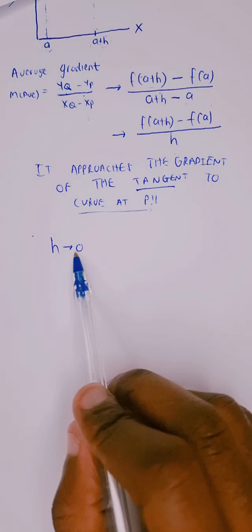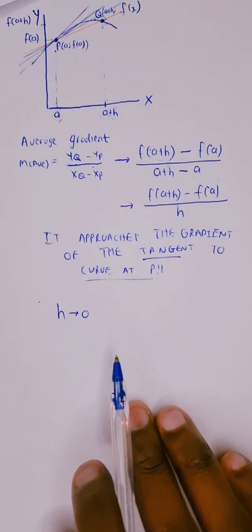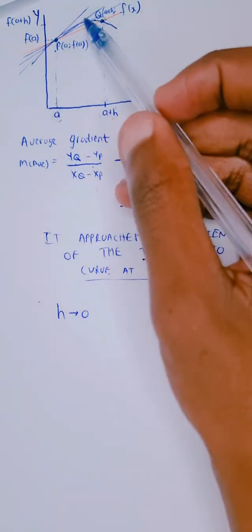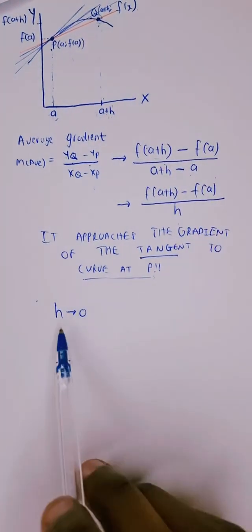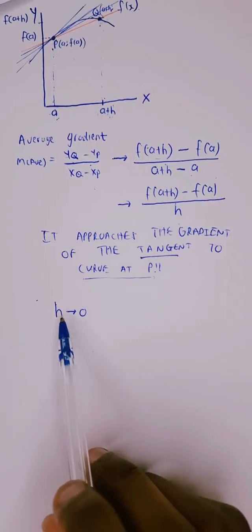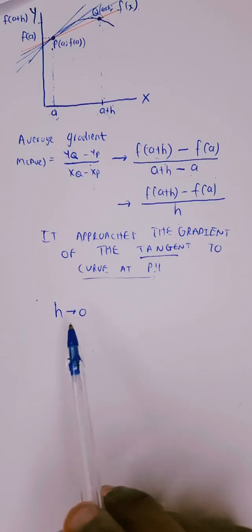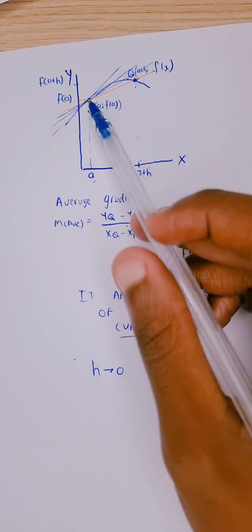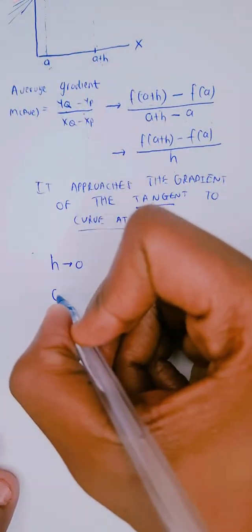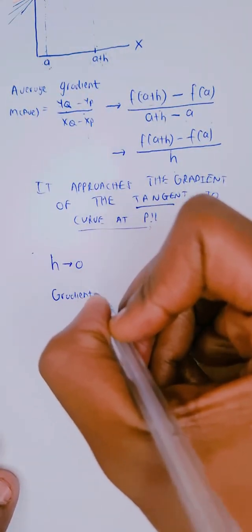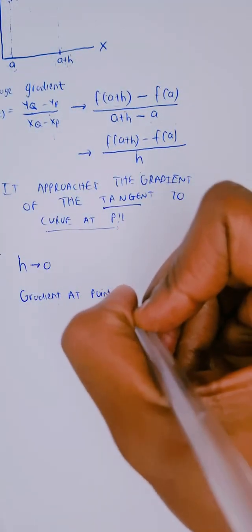By doing that, we are able to determine the gradient of the tangent to the curve at point P. So what then is the gradient at point P?